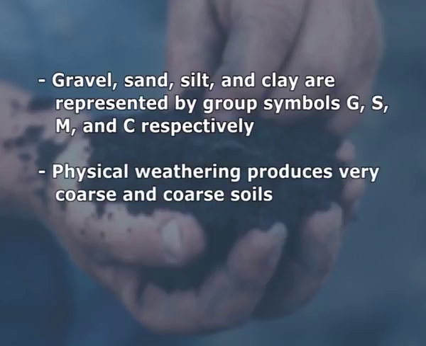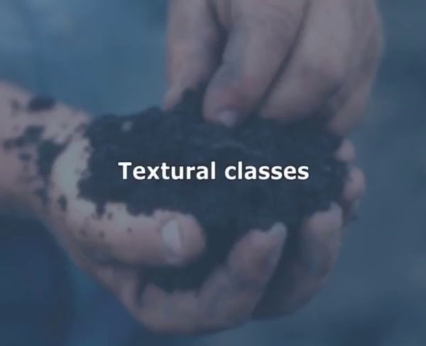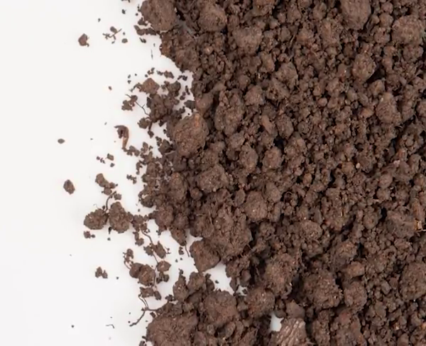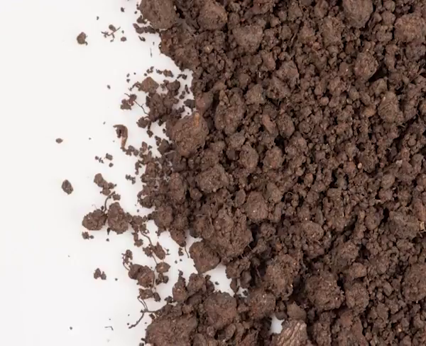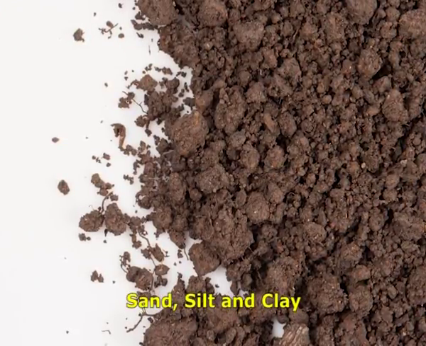Physical weathering produces very coarse and coarse soils. Chemical weathering produces generally fine soils. Textural classes. Texturally, soil is classified into 3 classes, namely sand, silt and clay.